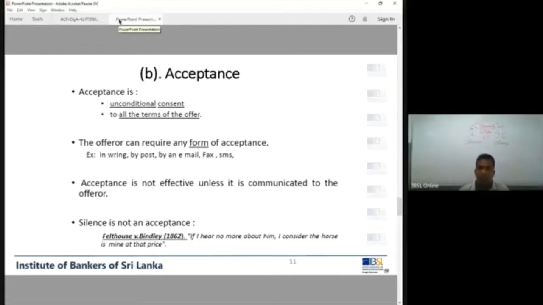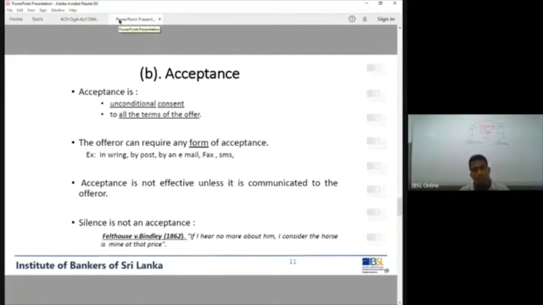So the important thing here is, when the mode of acceptance is mentioned in the offer, the offeree has to make that acceptance in the same manner as mentioned in the offer. For example, if the offeror says you have to send your acceptance by email, the offeree has to make that acceptance by way of an email.